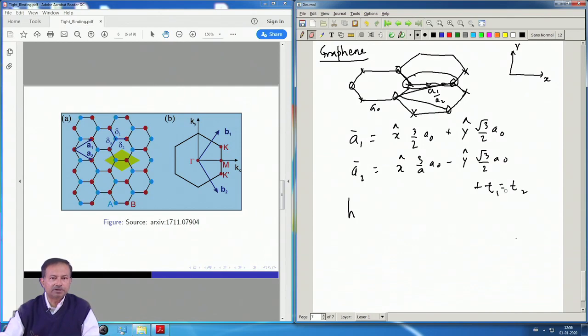So for graphene life becomes much simpler, in that t1 and t2 are the same. That immediately tells us that the gap can vanish in certain directions.